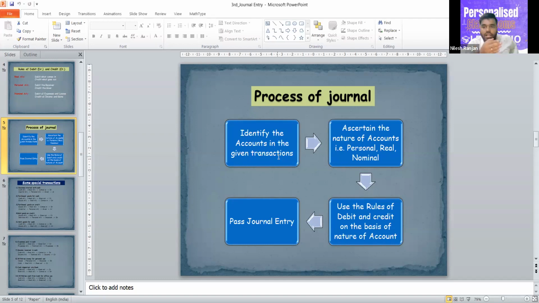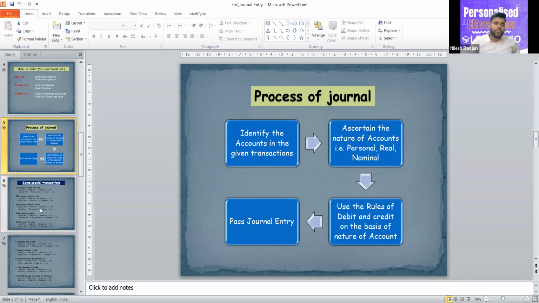And if it is a nominal account, debit all expenses and losses, credit all income and gains. Then according to these rules of debit and credit, we will pass the journal entry. Items which should be debited will be debited in the journal entry, and other items will be credited. Is this clear?